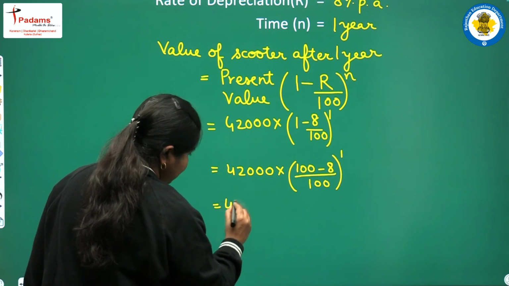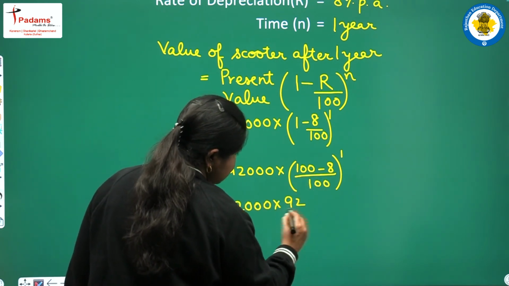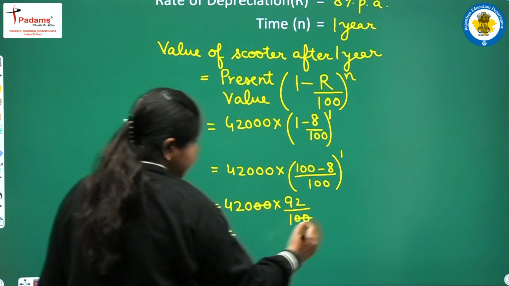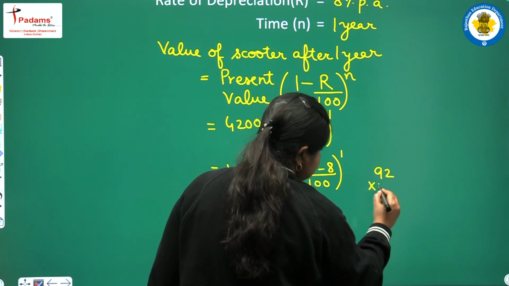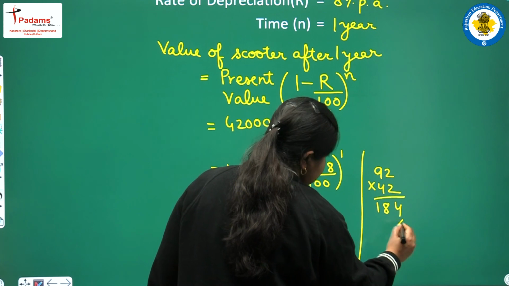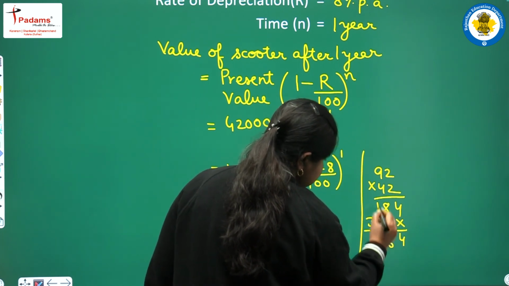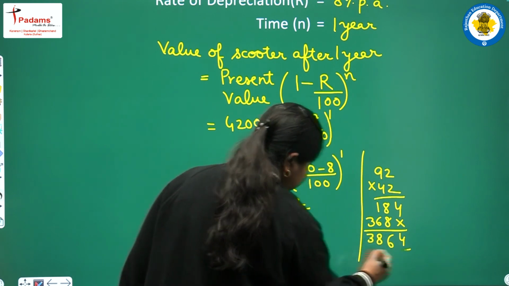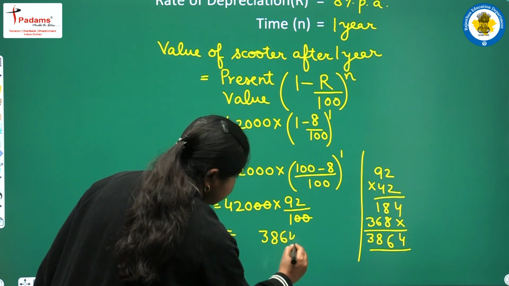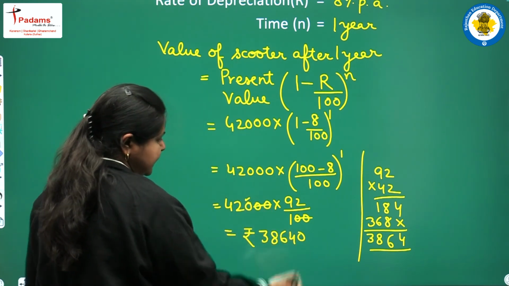This will be equal to 42,000 into 100 minus 8, it is 92 upon 100. Cancel these two zeros. Now multiply 92 and 42. 2 2s are 4, here 18, 4 2s are 8, here 36, 4, 16, here we will have 8 and 3. So it is equal to 38,640 in rupees. This is the zero that we have written in the end.